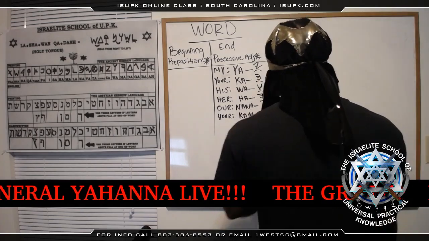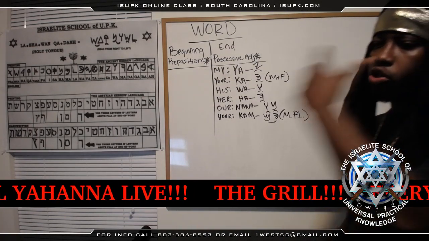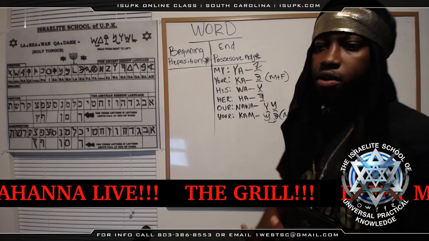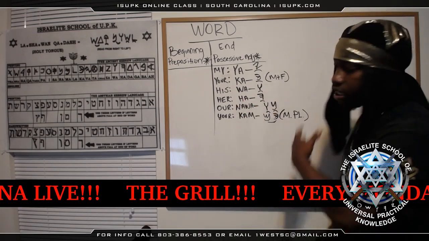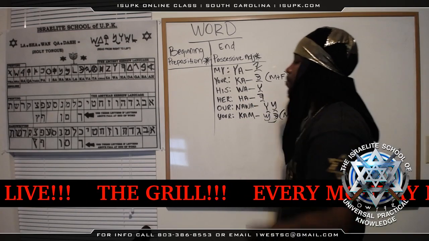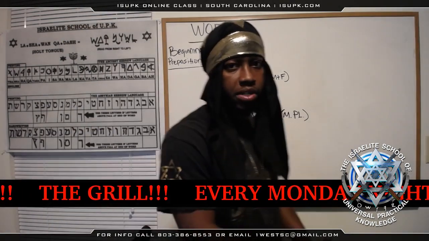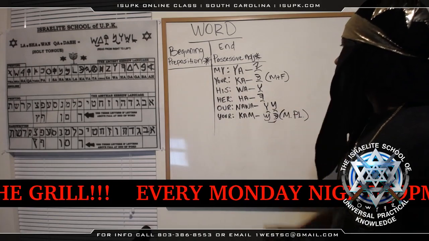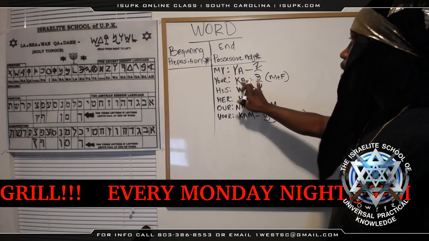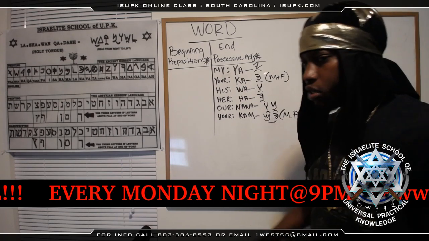Like if I'm talking to a group of brothers and I say your duty is to go out and save your brothers and sisters in the ghetto, I will say your with the kam. K-A-M, kam. Now if I'm speaking to an individual person, whether it's male or female, I would say ka. It would be just a ka. That would be the possessive adjective for that. You understand? All right.